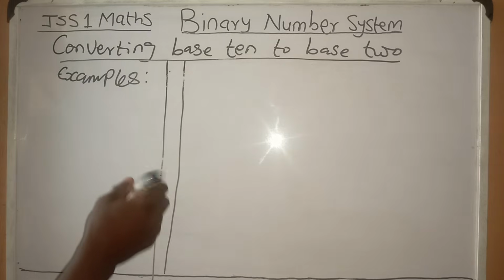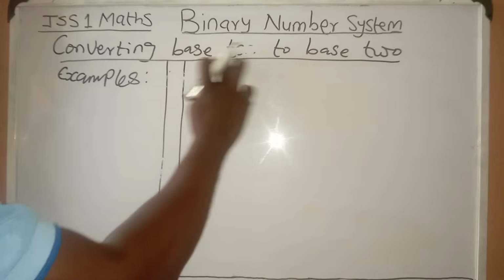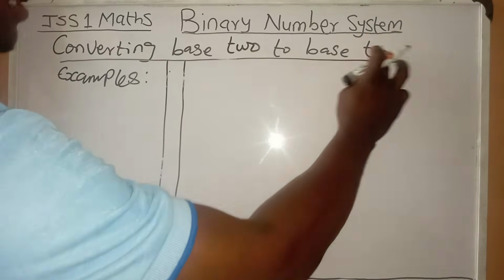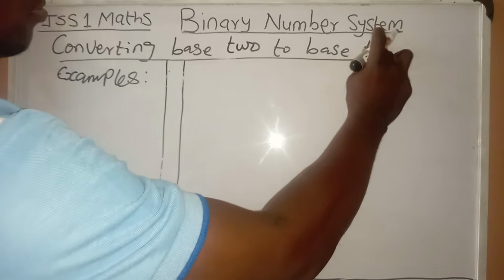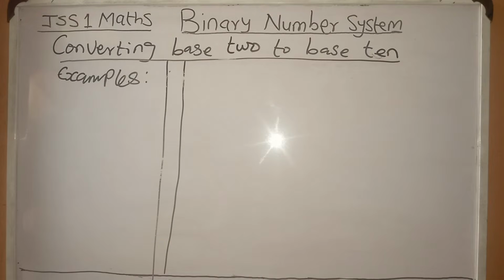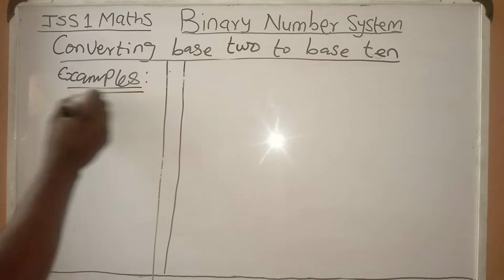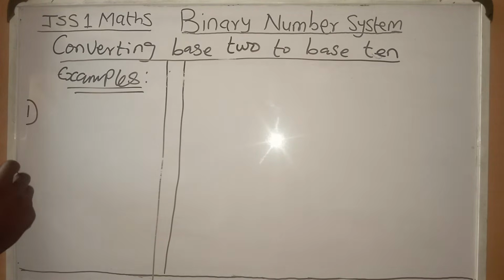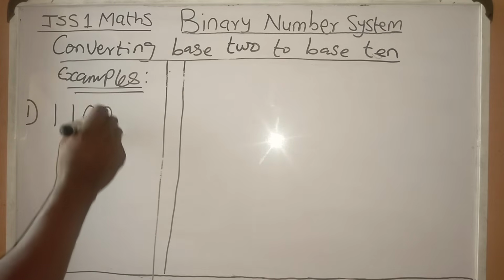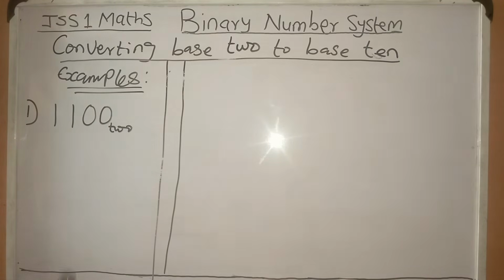So converting base 2 to base 10, that's what we'll be doing. So what are the examples that we have there? Example number 1. We shall be converting 1100, which is in base 2. We change it to base 10.